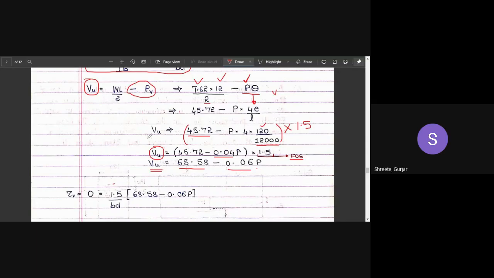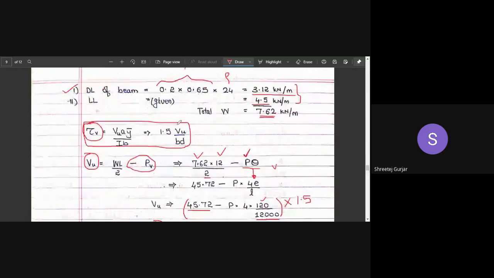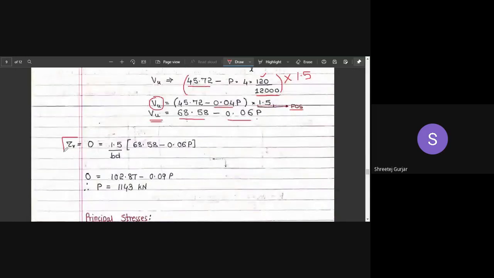Now we can substitute in the equation for the shear stress, VU by BD. The condition they had given us is that the shear stress at the support section is 0.